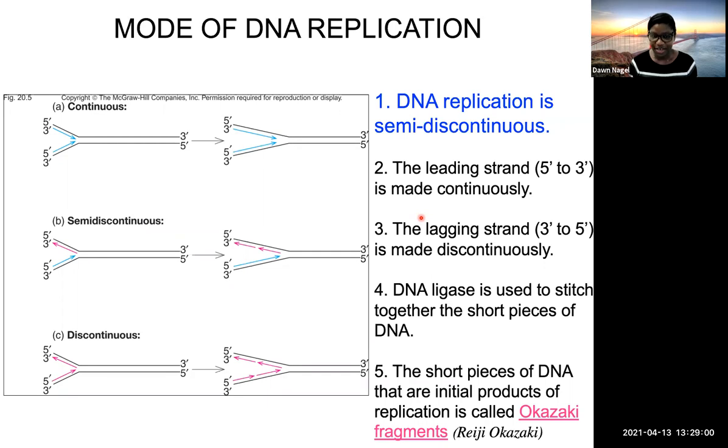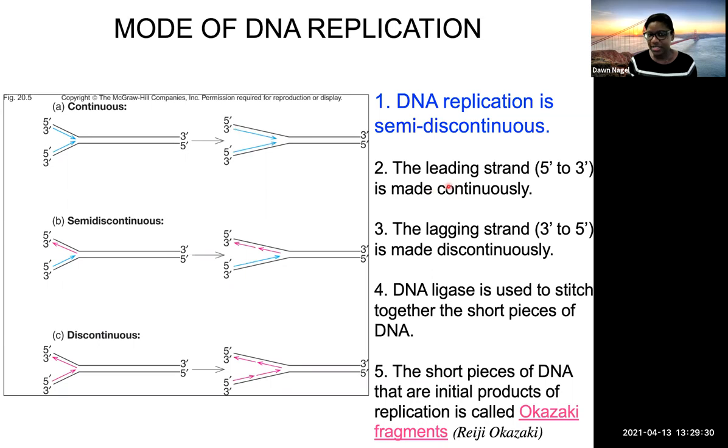Because of that mechanism where DNA polymerase can only add nucleotides to the 3' end, they knew that the mechanism had to be different between these two strands, okay? Because you can easily add here, but how do you go in this direction and add bases to this end? How do you do that?